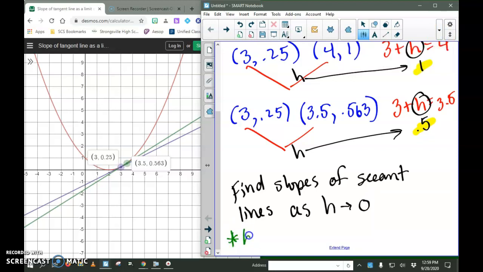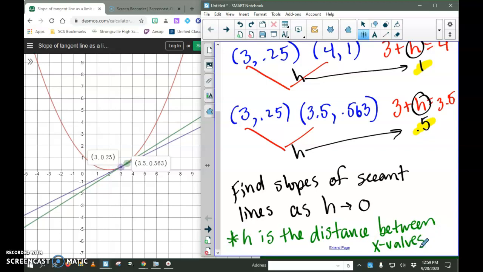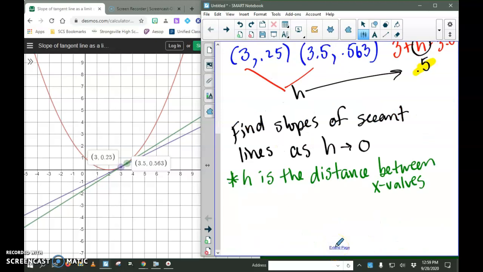H is the distance between the x values. Okay, so again, as I choose x values that move closer and closer to 3, the gap between those x values is getting smaller. The hope is that I would end up choosing x values.